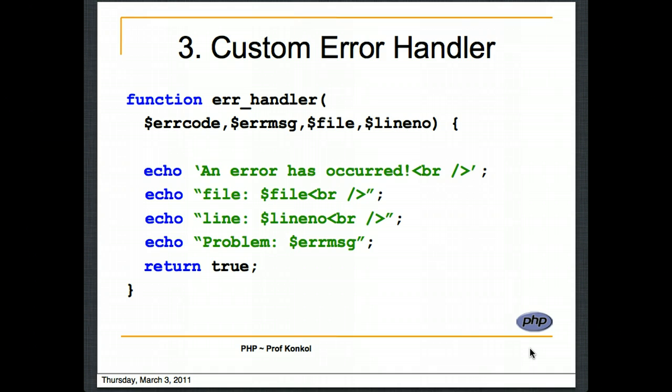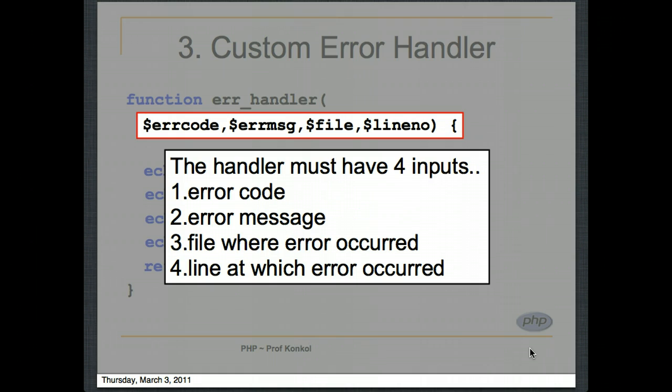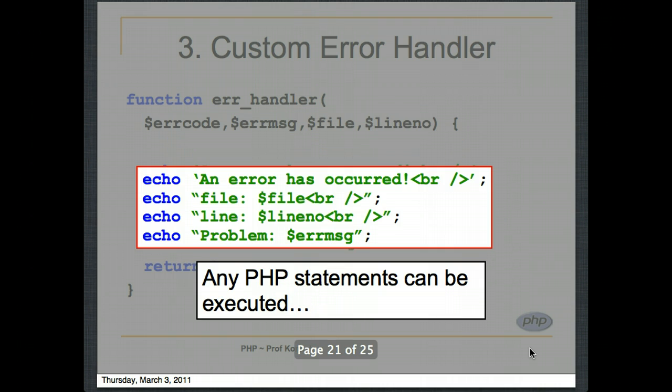But anyway, 4 arguments: error code, error message, file, and line number, and then echo them out and return a true statement, if that's the case, back to whatever error handler, in this case called error handler. So the handler takes 4 inputs: the error code, message, file where it occurred, and the line on which the error occurred.